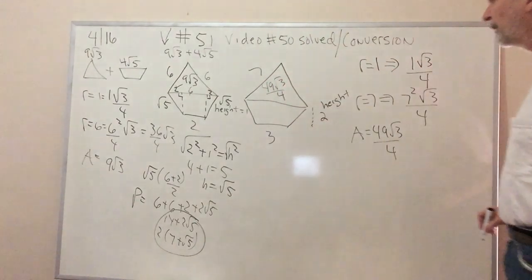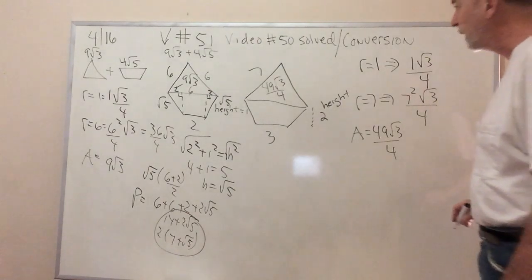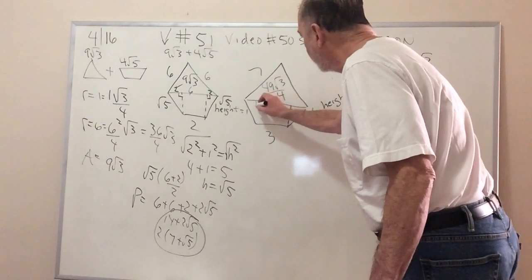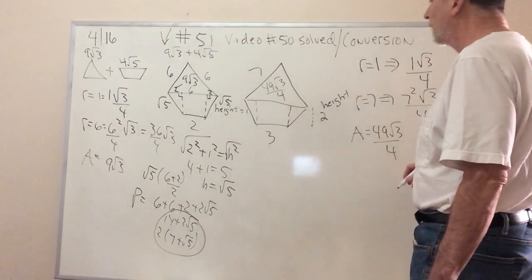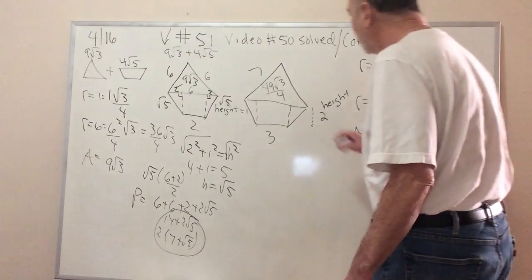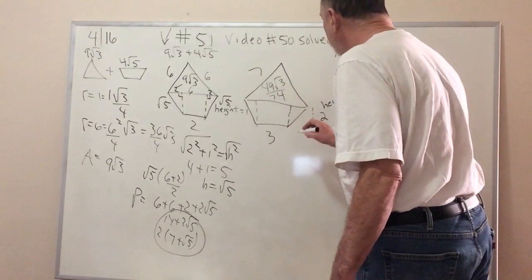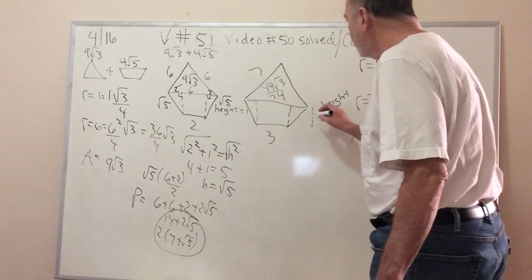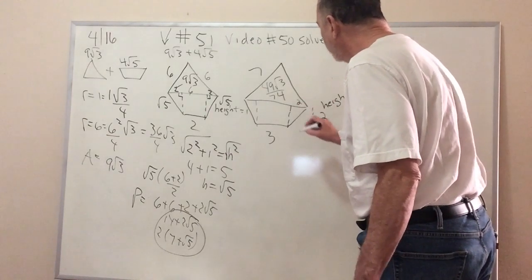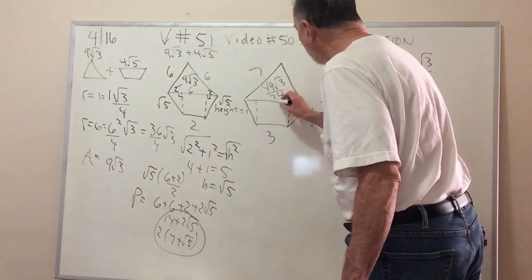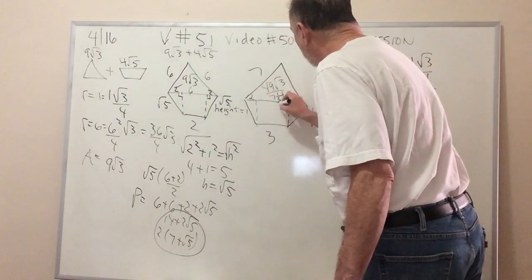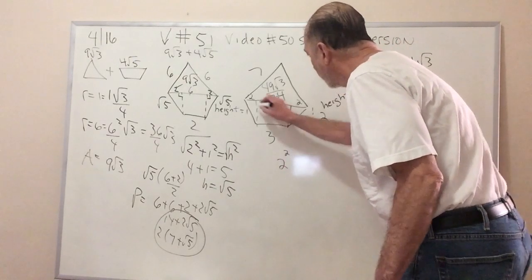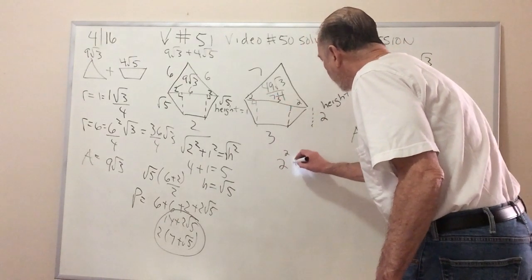Okay, and now I have to figure out again the area of the trapezoid. So since this is 2 and this over here does the same thing, we have 7 on the bottom. To do the math to come out right would be, let's see, 2, and over here would be 2, and this would be 3. There's our symmetry, so I get 2 squared. There's your right triangle all over again, plus 2 squared.